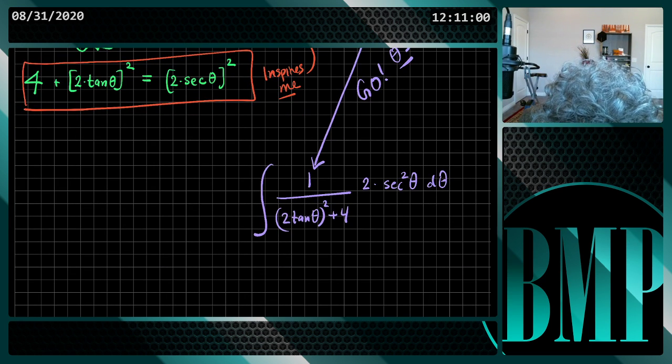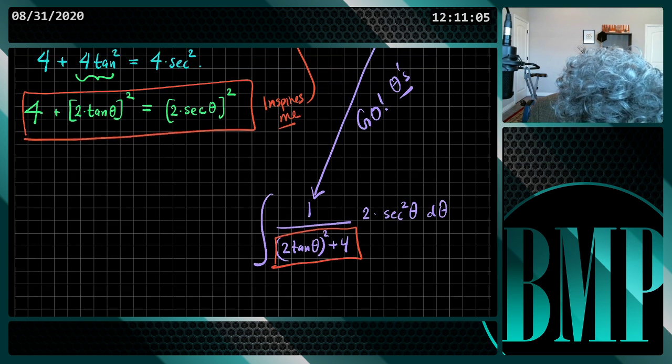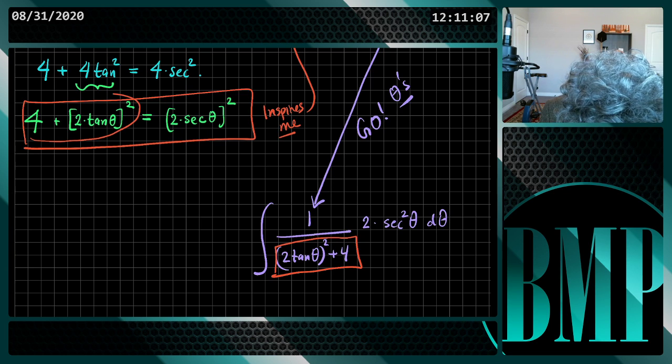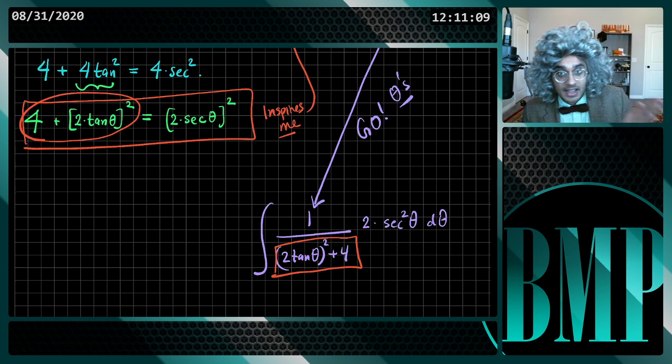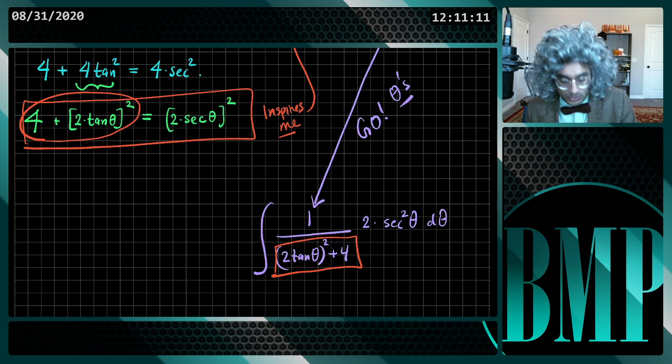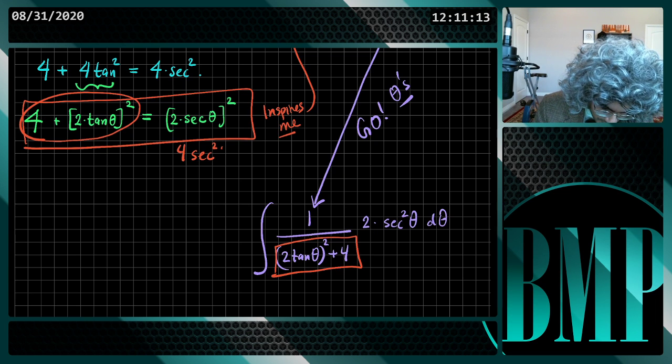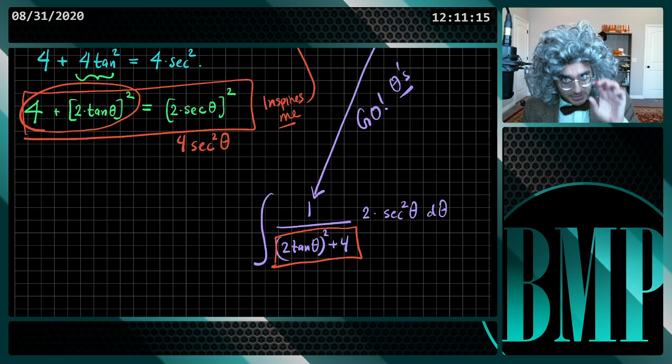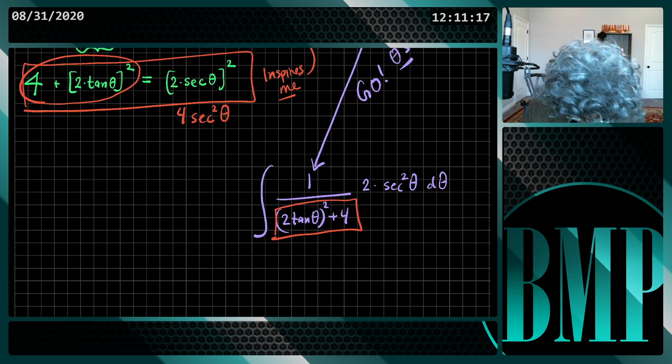But check this out, this part right here, on the left side, I can trade it off for 4 secant squareds. Be careful here, there was a 4 there, not a 2.